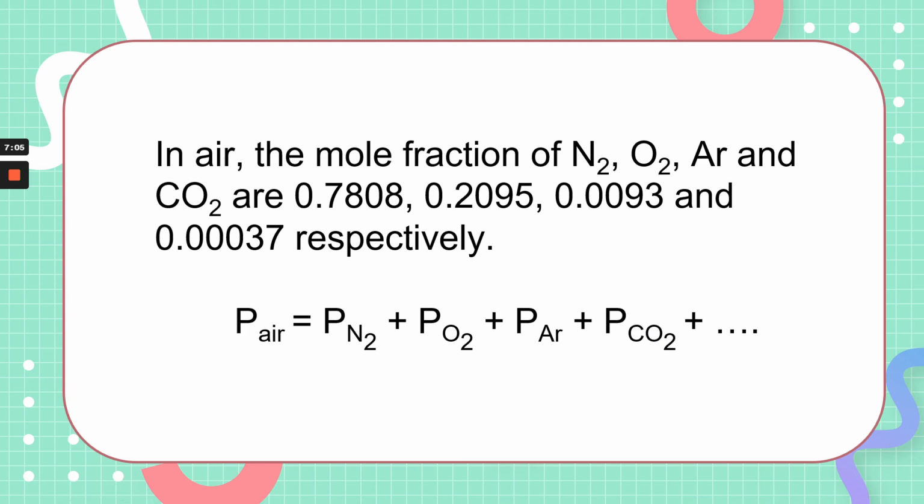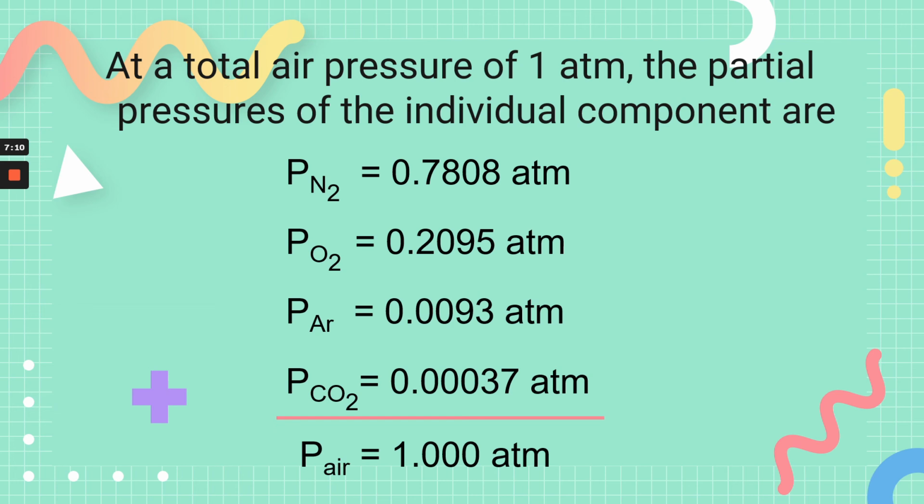At a total air pressure of 1 atm, the partial pressures of the individual components are as follows. P for nitrogen is equal to 0.7808 times 1 atm, because the total pressure of air is 1 atm. So the pressure of nitrogen is 0.7808 atm.